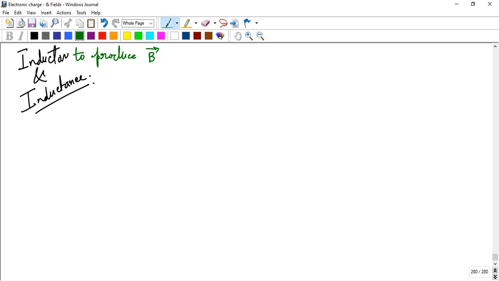The important point is that flux means phi B, the magnetic flux, that is B dot area. Flux passing means the magnetic field is passing through the coil.